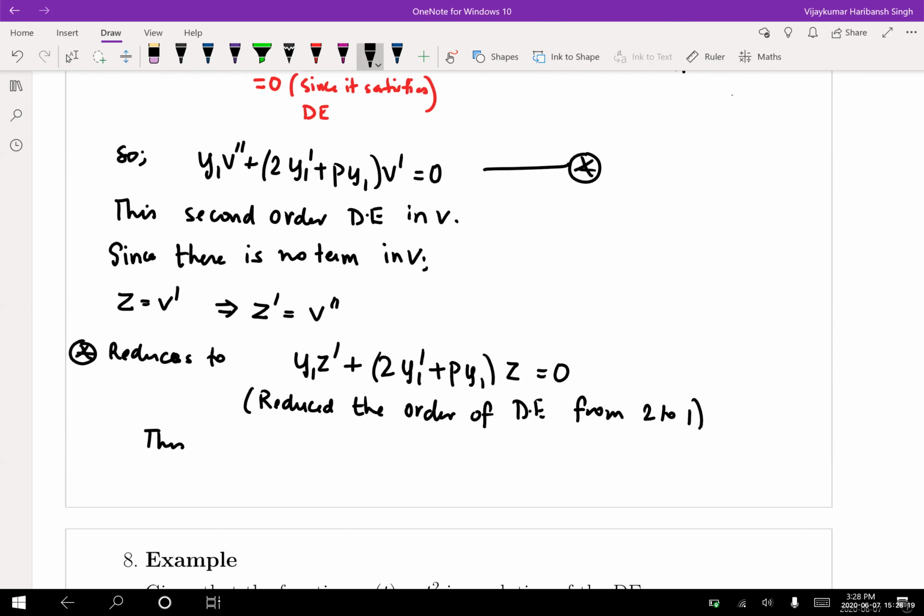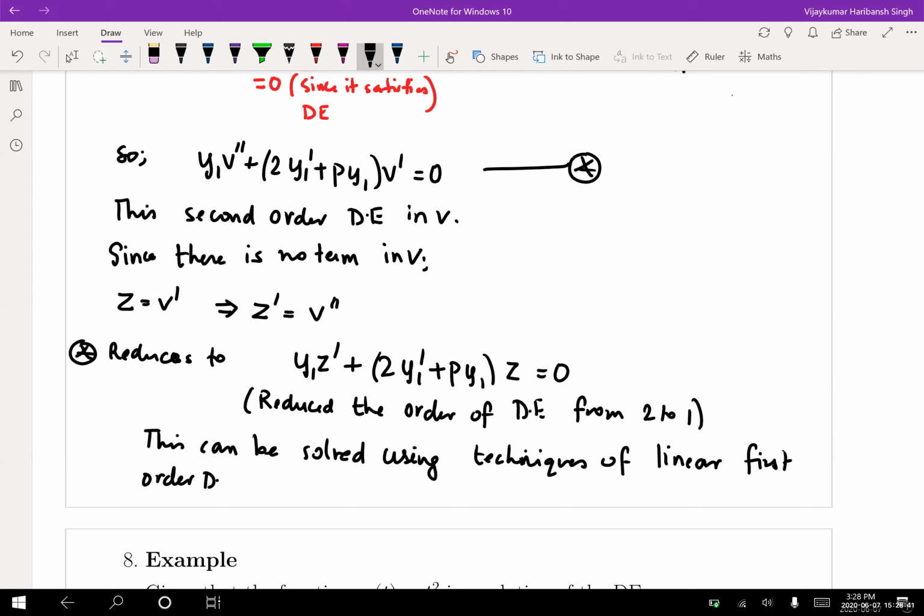This can be solved using techniques of first order linear differential equations.